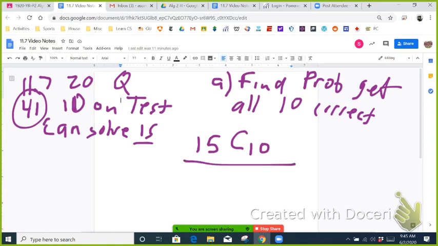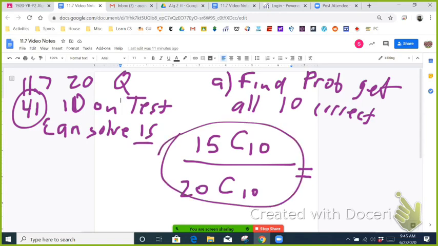And then the sample size is going to be 20 choose 10, because out of those 20 questions, 15 you know, 5 you don't know, you could pick either the 15 or the 5. So whatever number that comes out to is going to be the probability. You would type that in a calculator to get the decimal probability, but that's how you set it up.